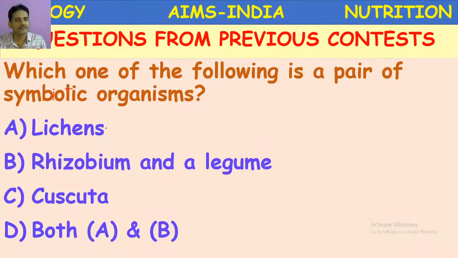Lichens are an association between algae and fungi, both mutually benefited. Rhizobium and legume: legume means the groundnut plant or a group of plants belonging to the leguminaceae family. They are also mutually associated, bacteria and plant. Two different organisms undergoing symbiotic association. Cuscuta is a parasite, not related to this question. So the correct answer is D. Very good. Most of you are selecting the right option.